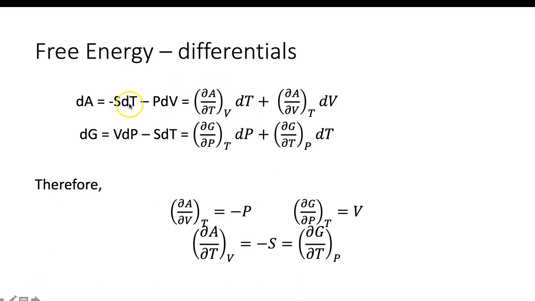So if we expand, this is what we derived in the previous video, but now this is partial A, partial T, this is partial A, partial V. Likewise for the Gibbs, we have the partial G with respect to P and partial G with respect to T related to this. And so what that means is that each of these, this is minus P, this one is V, and both of these partial derivatives are minus S.